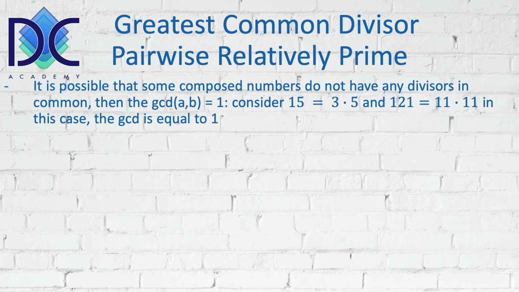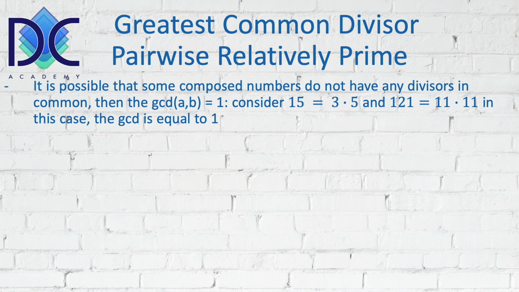Now, we also talk about numbers being relatively prime, when the greatest common divisor is 1. We can have composite numbers, which are not prime numbers, that do not have any divisors in common. And when they don't have any divisors in common, we can say that the greatest common divisor of those two numbers is equal to 1.